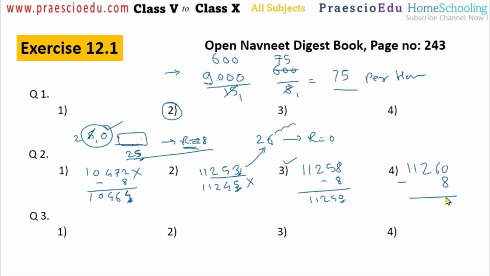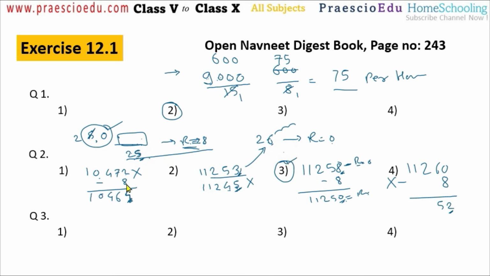So this comes 52. 2 is never divisible by 5, so this option cannot be it. So that's why option number 3 is our correct option. All these other options do not fulfill our criteria of these two conditions.